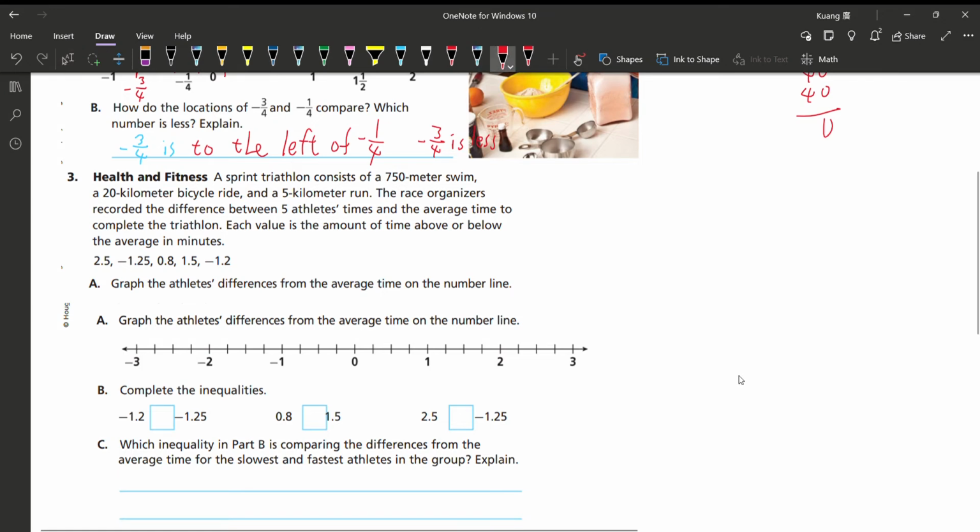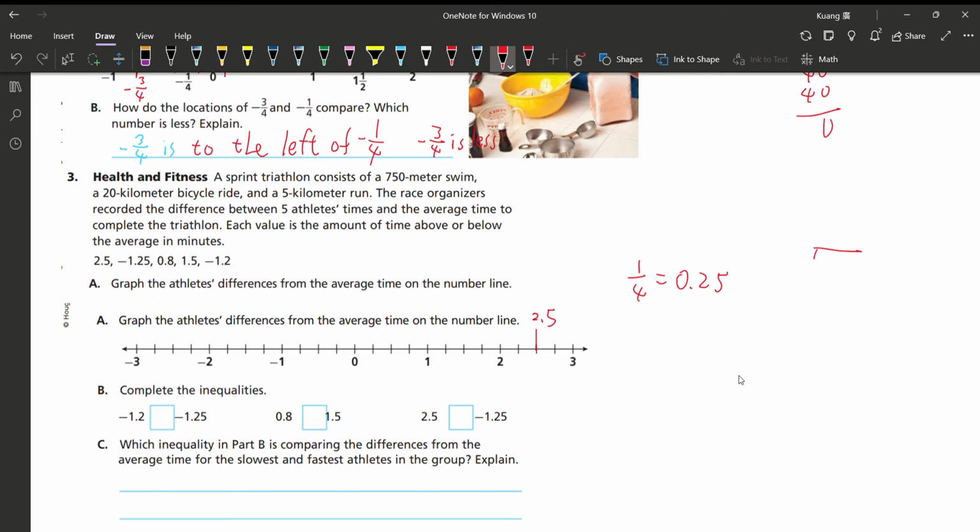So 2.5. That's 1, 2, 3, 4 spaces, so each grid is 1/4, 2/4, 3/4. So 2.5 is right in the middle. So this is 2.5. Negative 1.25: 1/4 equals 0.25, right?